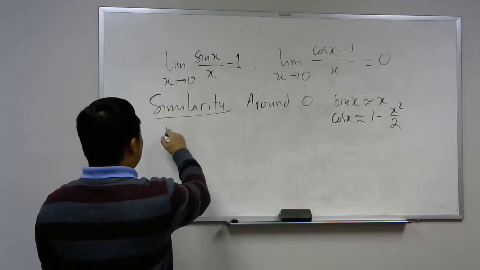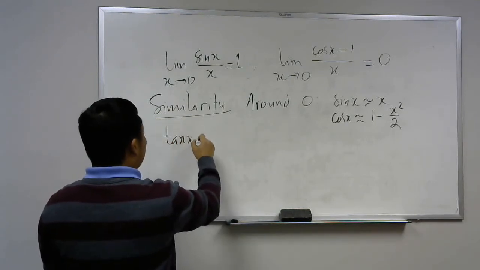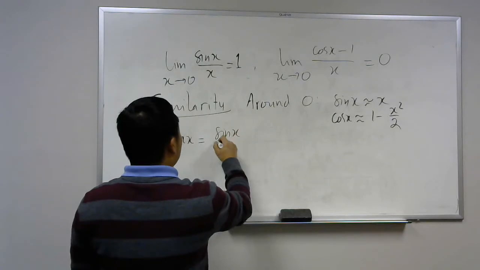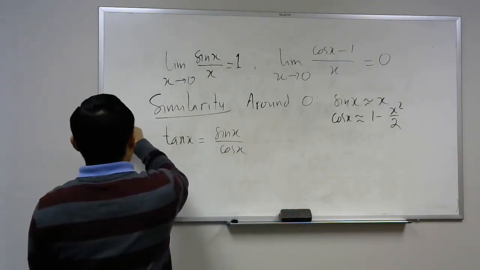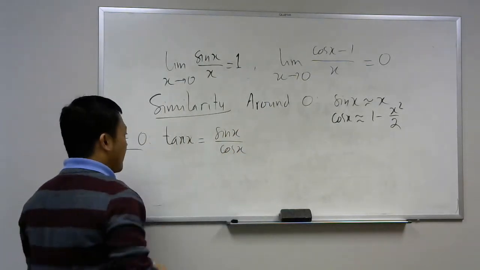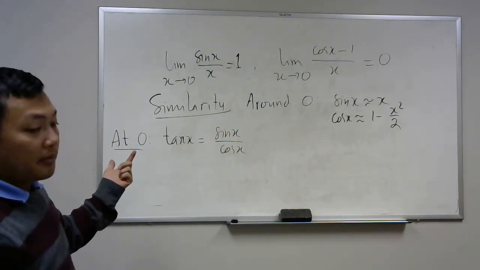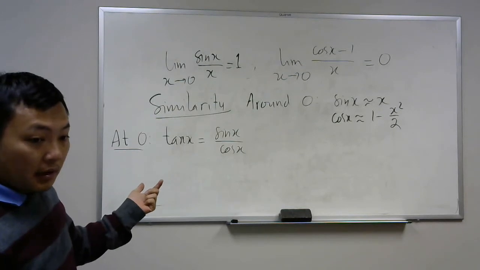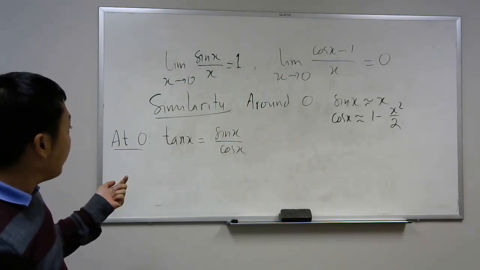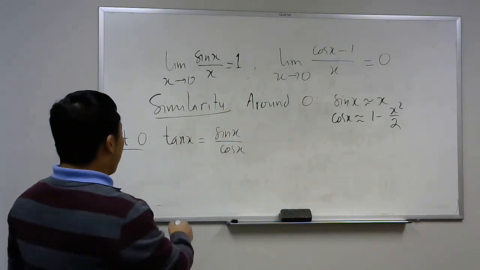Let's say tangent of x, that is sine of x over cosine of x. Okay? So if we consider limit of tangent at 0, I have the following one.